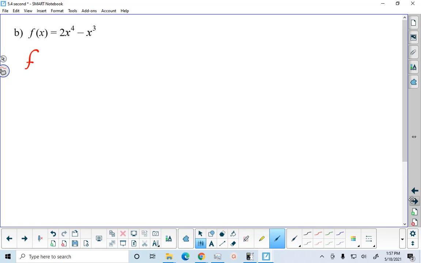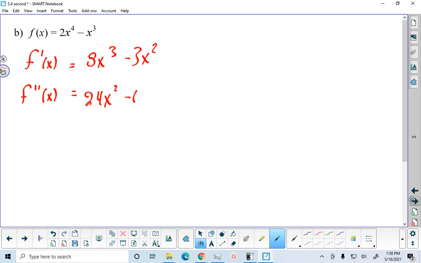We're going to need to find the first derivative, and we're going to need to find the second derivative. The first derivative is 8x cubed minus 3x squared. The second derivative is 24x squared minus 6x.